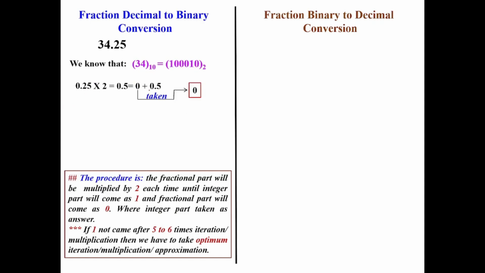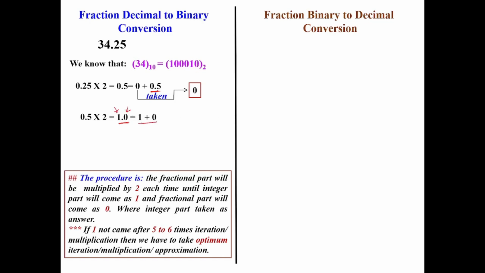Now we consider this fractional part 0.5 and again multiply it with 2. The result is 1, or we can write 1.0. So 1 is the integer part and 0 is the fractional part, or 1 plus 0.